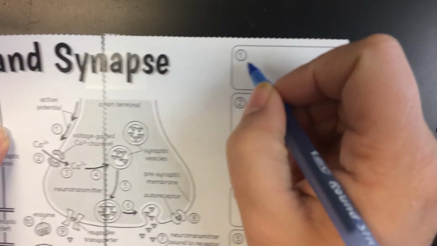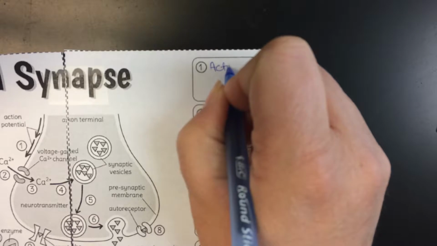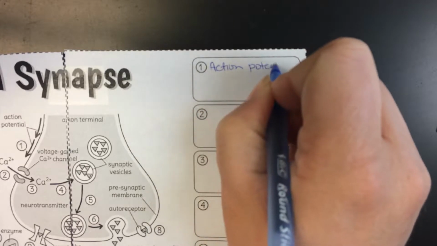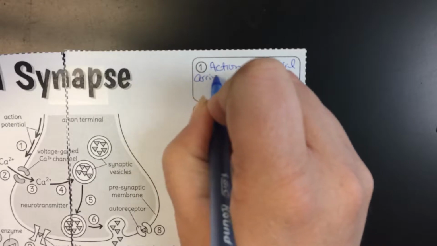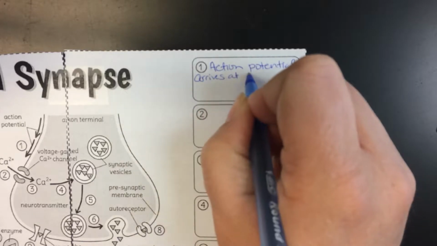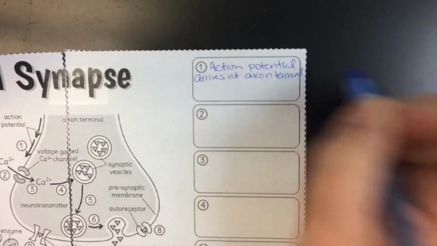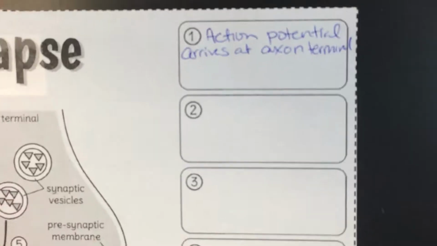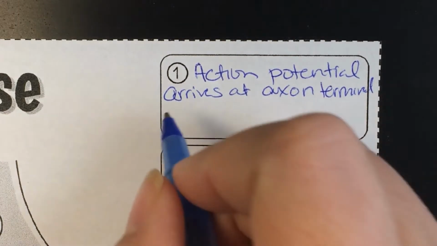So we're going to write up here in the box: action potential arrives at axon terminal and depolarizes the presynaptic membrane. And we're going to have to write really tiny today, so bear with me.